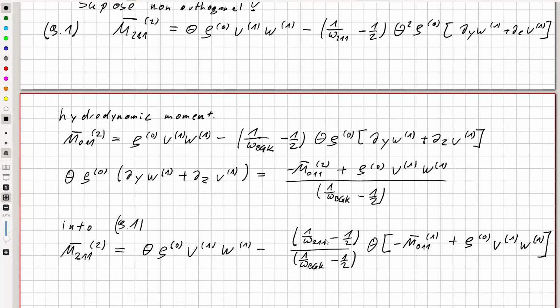So we have here something that we said we don't want to be small, and we divide exactly by the thing that we like to be small. So we want this 1 over omega BGK to go to 0. And we divide by this. Now you see that there's apparently a problem. Suppose we have a given M011, then we divide this by viscosity. We want to have viscosity small. Then this ghost here appears to be getting very, very big.